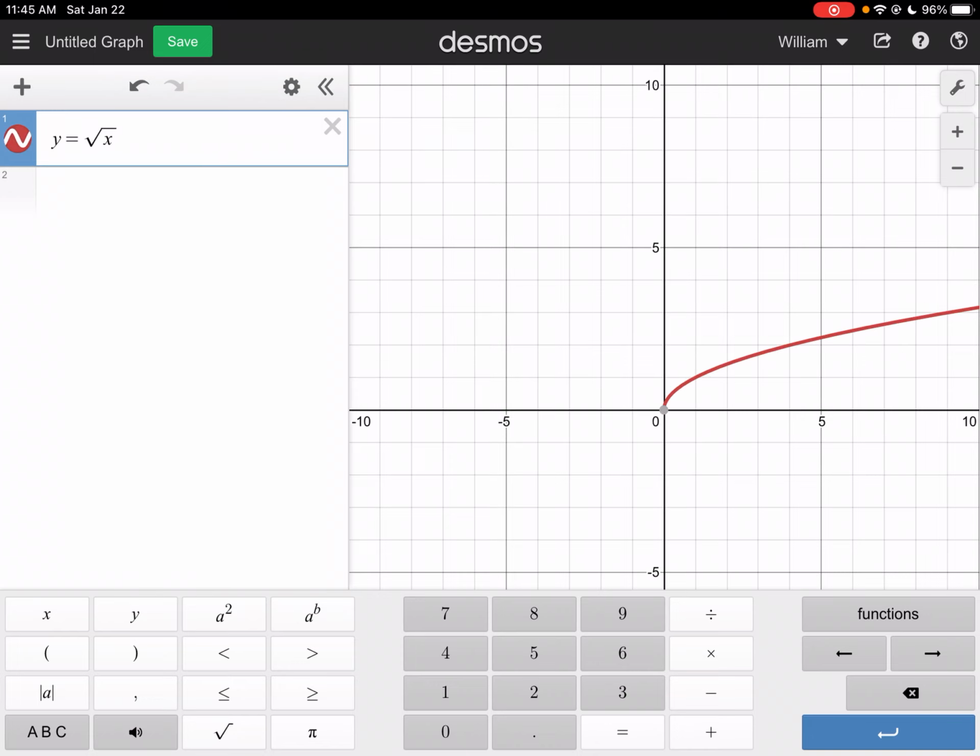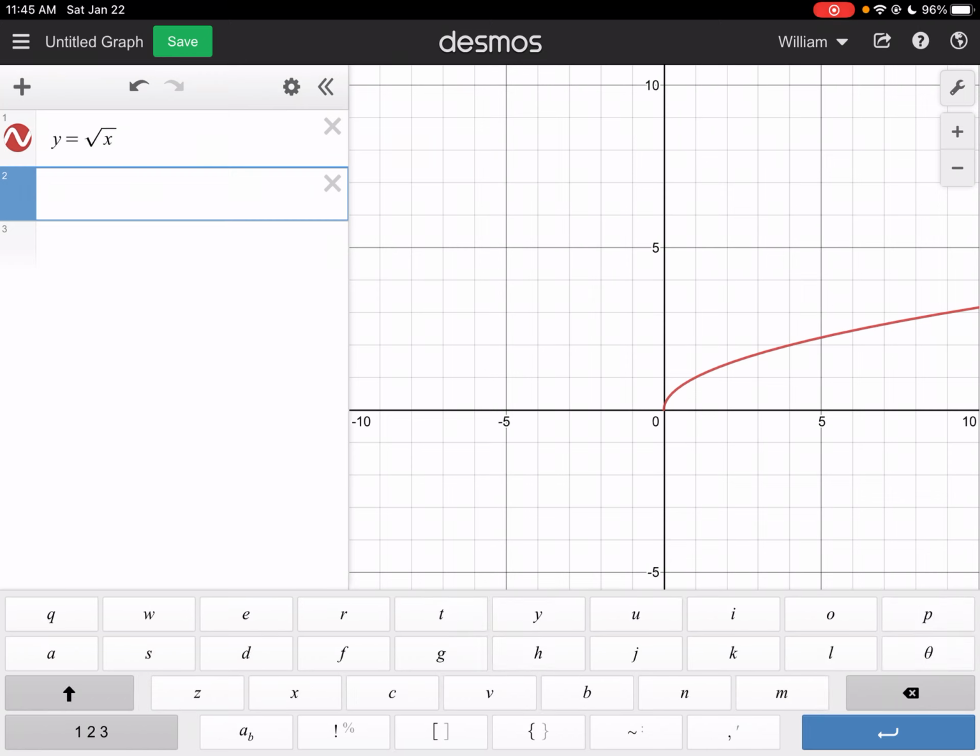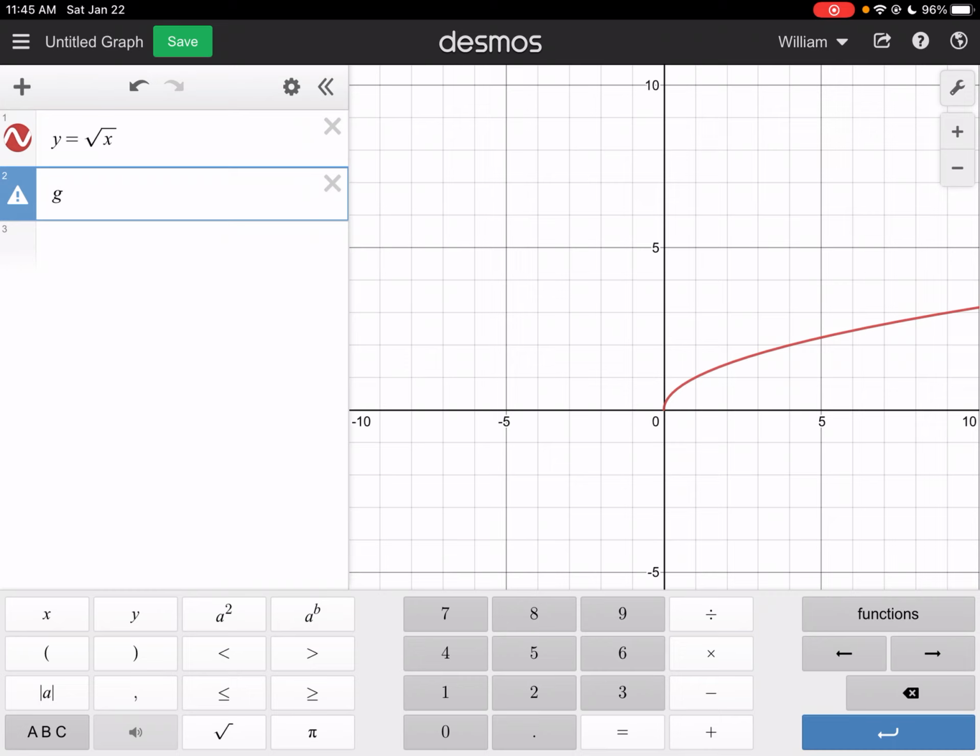Now, I'll say g of x, because that's what they actually had, g of x equals the square root of x, and then on the outside, plus 1.